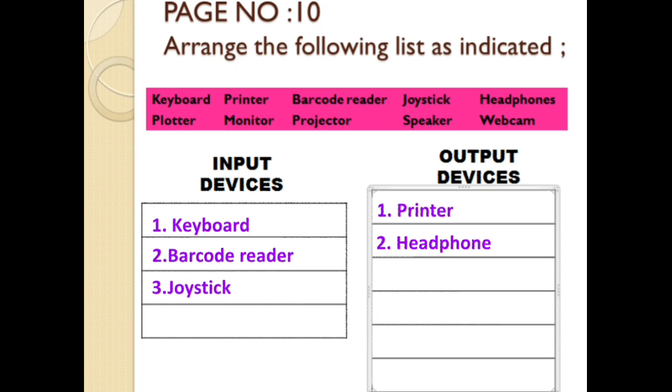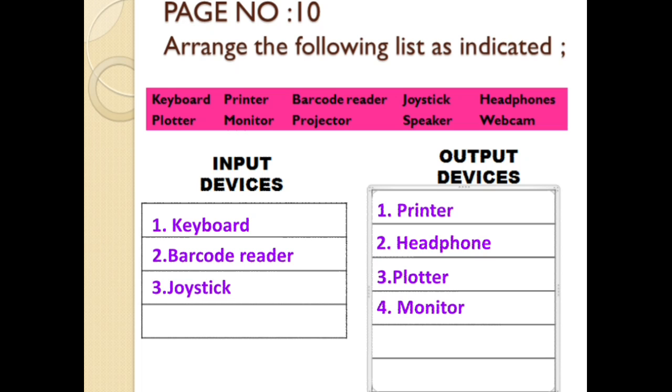The next one is plotter. Plotter also acts as a printer. So which group does it come under? Yes, it comes under the output device. The next one is monitor. Monitor shows what actions are being done in a system, so it is also an output device.